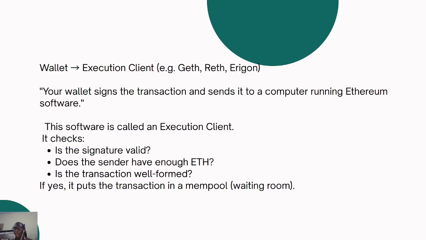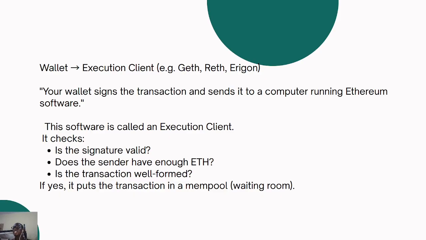What we've seen thus far is that your wallet signs and accesses a computer running Ethereum software, and that computer is the execution client. It validates the signature, checks whether the sender has enough ETH for that transaction, and then checks whether the transaction is well formed.